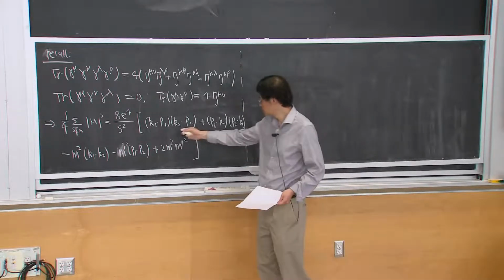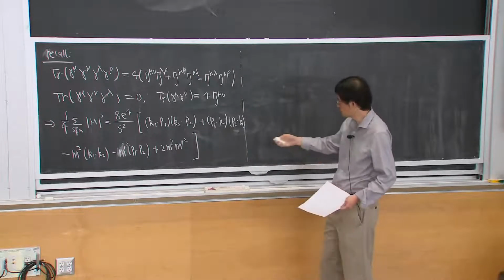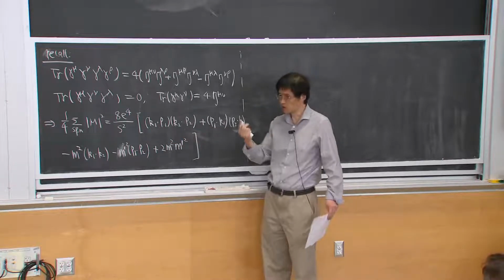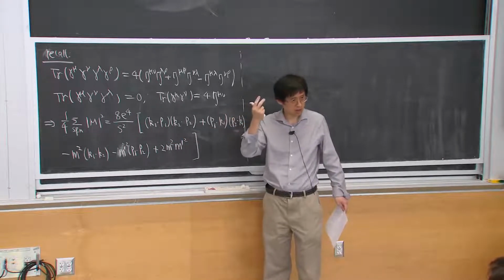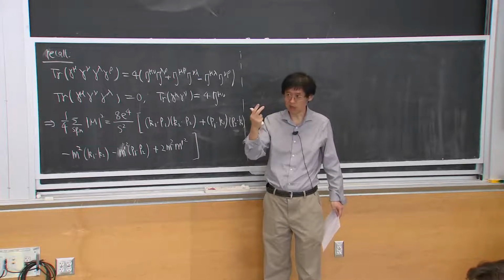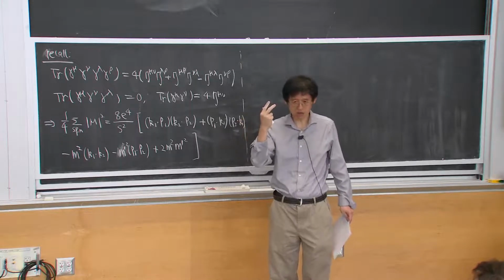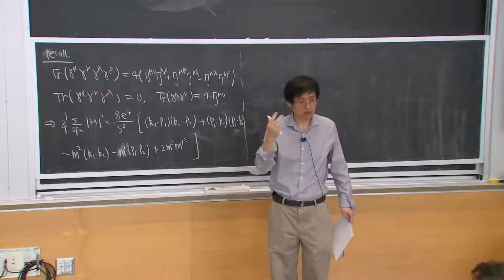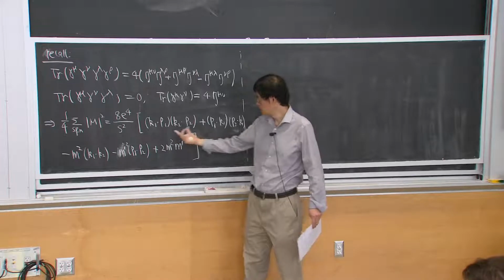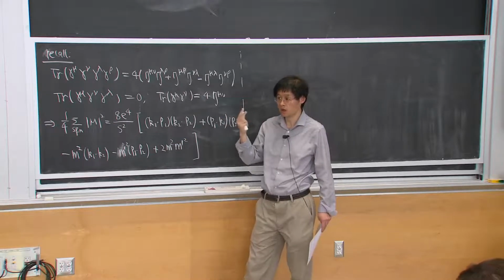As we mentioned before, because of momentum conservation, there are actually only two Lorentz invariants. So it would be convenient to write all this in terms of those Lorentz invariants.